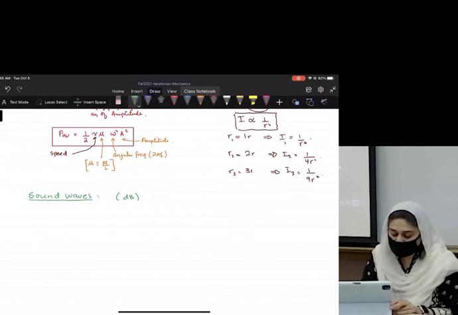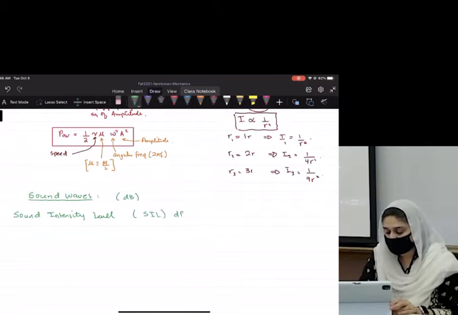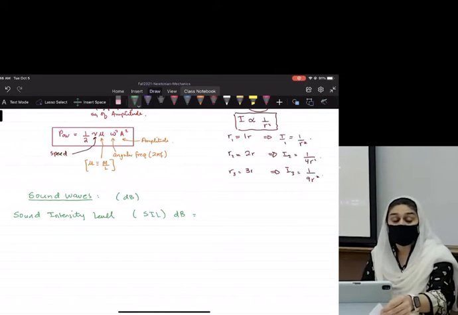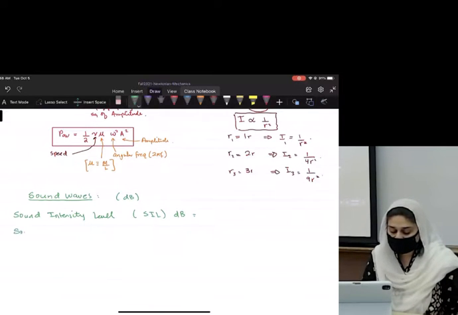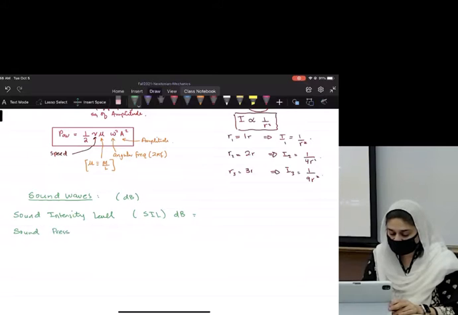So when we talk about sound intensity level, we call it SIL, in dB. There is also another unit that we know, which is called sound pressure level. It is called LPL.